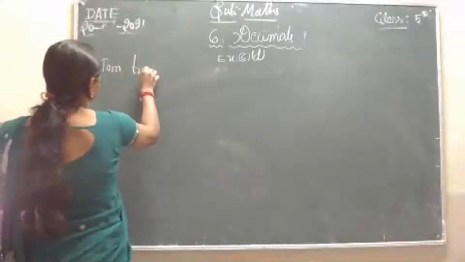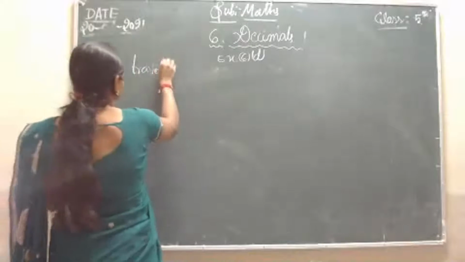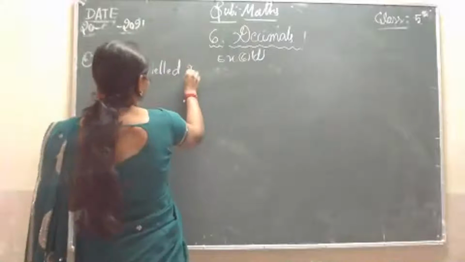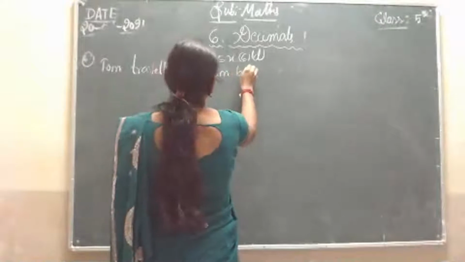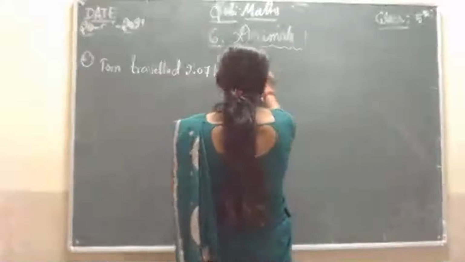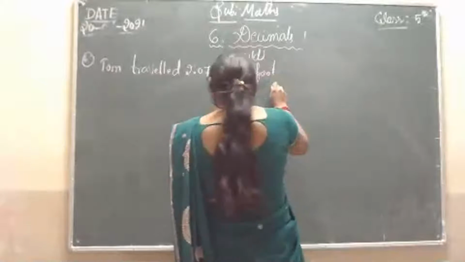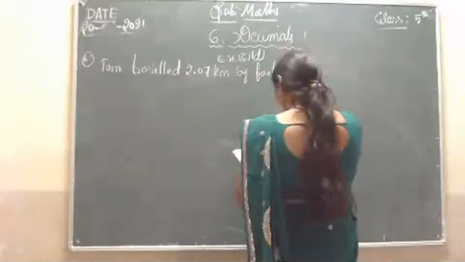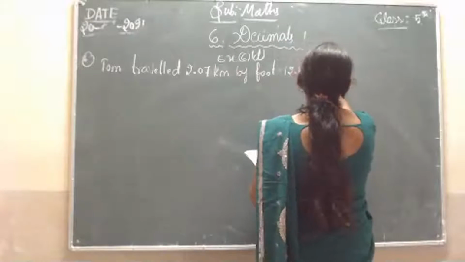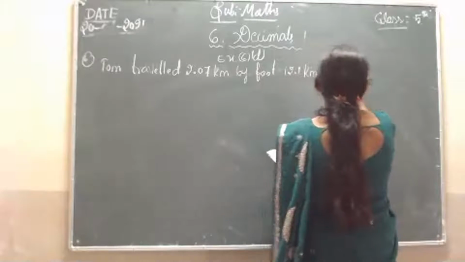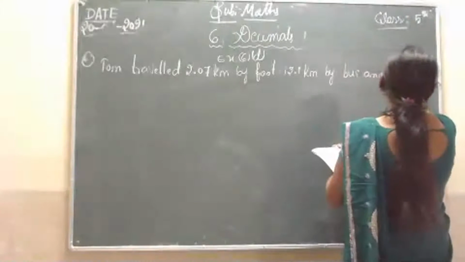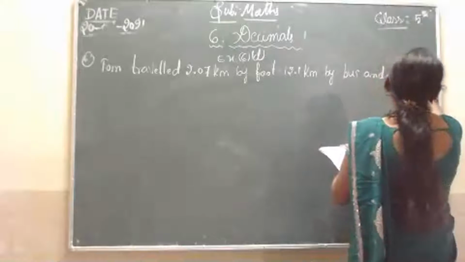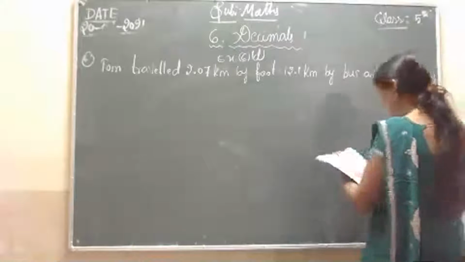Tom traveled 2.07 kilometer by foot, 12.1 kilometer by bus and the rest by scooter.